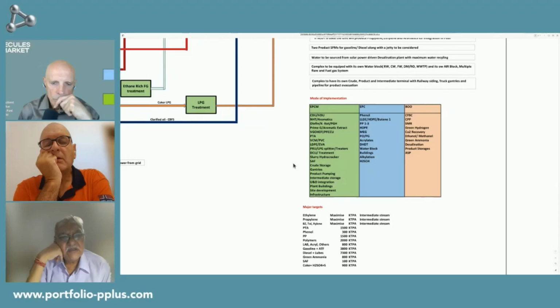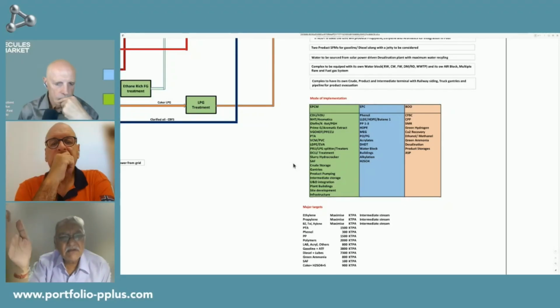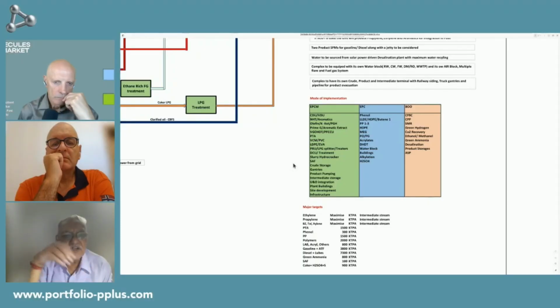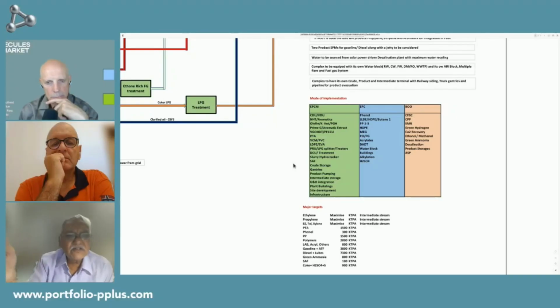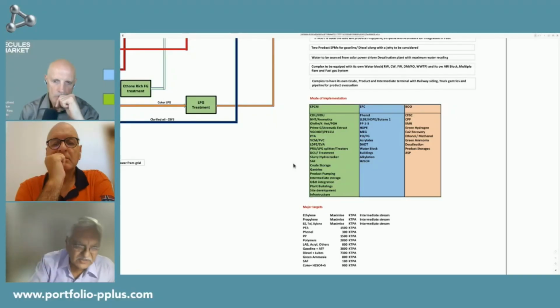So, one way of doing a project is complete EPCM. We call it the conventional mode of implementation. And in this mode, the owner hires a consultant. The consultant does everything. They do the basic engineering, they do the detailed engineering, they do the procurement instance, they do the recommendation for purchase. Owner places the orders and the contracts, and that's how you build the project.